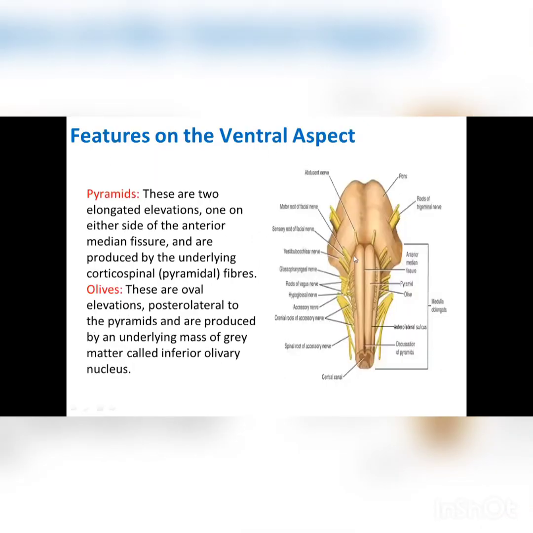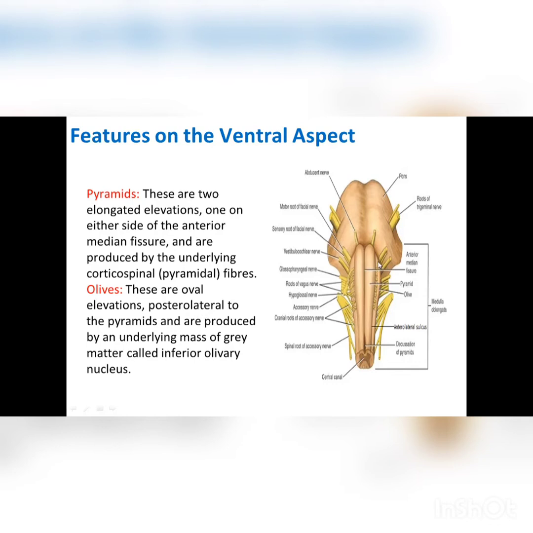Features of the ventral aspect of the medulla oblongata. Pyramids, number one. These are two elongated elevations, one on either side of the anterior median fissure, produced by underlying corticospinal or pyramidal fibers. Then we have olives. These are oval elevations posterolateral to the pyramids.